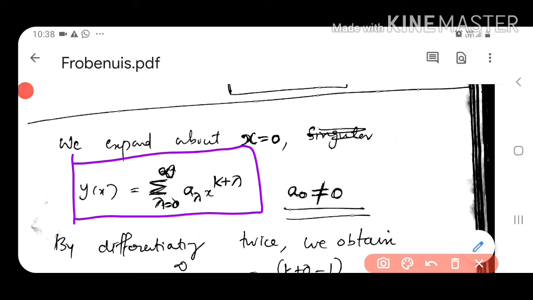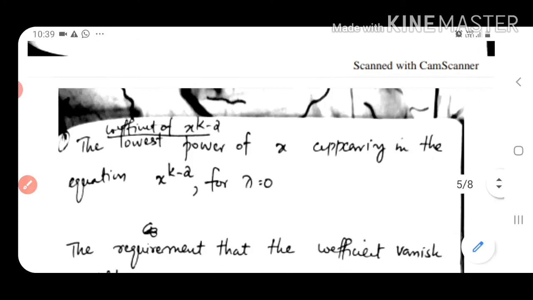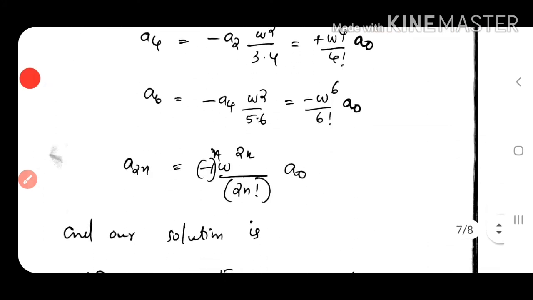Here we put k equal to 0. So what we have is x to the power lambda, with k equal to 0. As we expand, we will have the first term a0, then a2, then a4, because we know a1, a3, a5, all of them are 0.